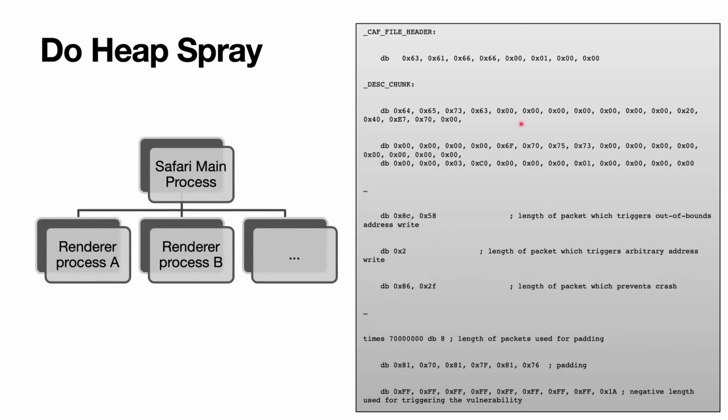ASM syntax supports the definition of various values, such as byte, word, dword, keyword, and also supports tags, placeholders, and repeating a value multiple times. This picture is part of my ASM file, which defines the CAF file header, data chunk, some values used to trigger the vulnerability, and so on.